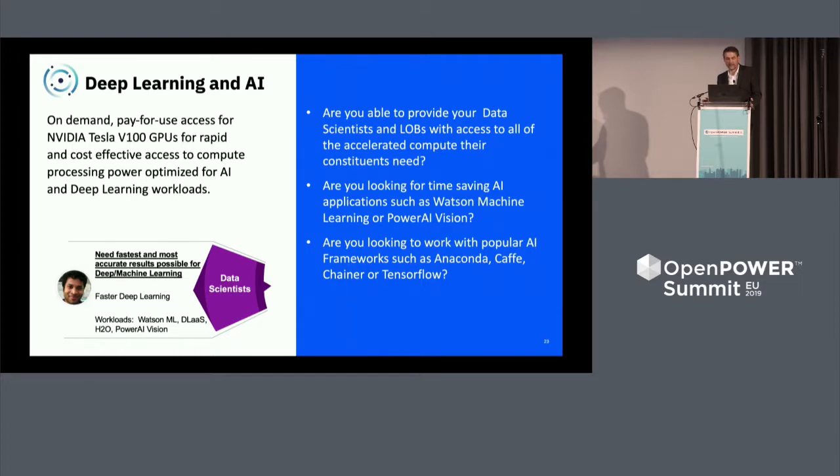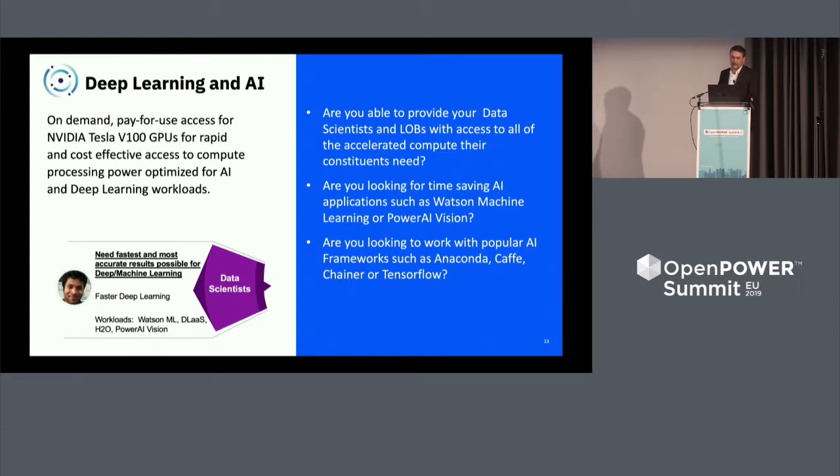So this is, again, about the V100 GPUs. And that is the type of GPU that we have today, and that's going to be rolled out over the next several months in different regions. And we hope to get different GPU types in the future too. But this one is performing very well for us.